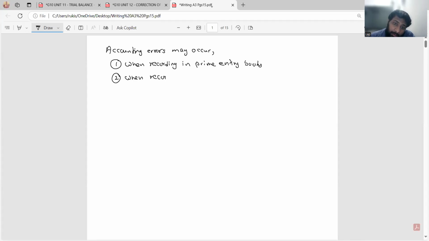Second one, after prime entry books, we will prepare the ledger accounts. So you can make mistakes when you are preparing the ledger accounts. When recording in ledger accounts. After you prepare the ledger accounts, you can make mistakes when you are balancing the ledger. When balancing the ledger.